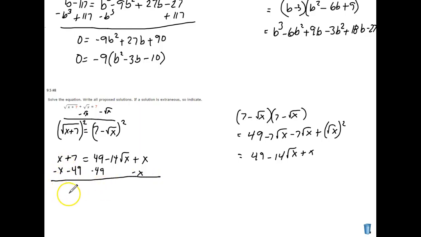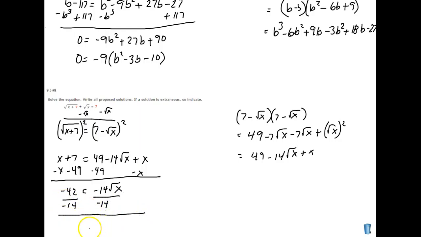So then this becomes a negative 42 equals a negative 14 times the square root of x. This canceled, and this is canceled here actually. I could go ahead and square it at this point, but I can still isolate my square root x a little bit more if I divide by the negative 14.